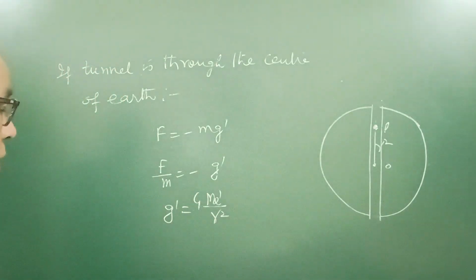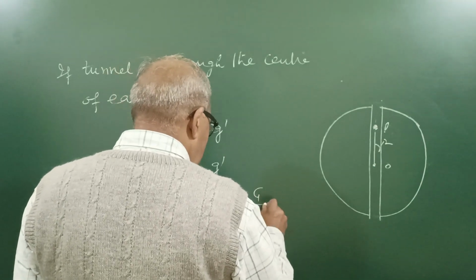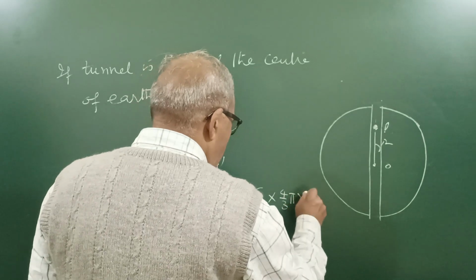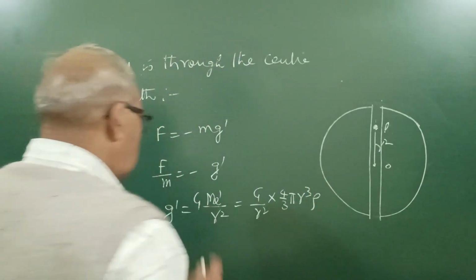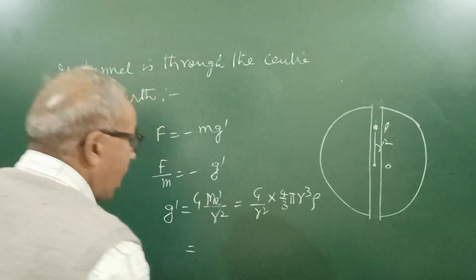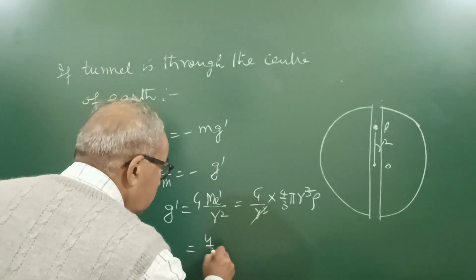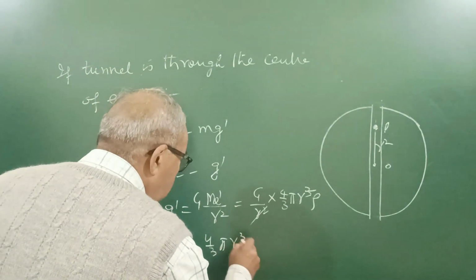So G M_E dash upon r square, or this is G upon r square into 4 by 3 pi r cube into rho. So it becomes, cancel, 4 upon 3 pi G into r into rho.